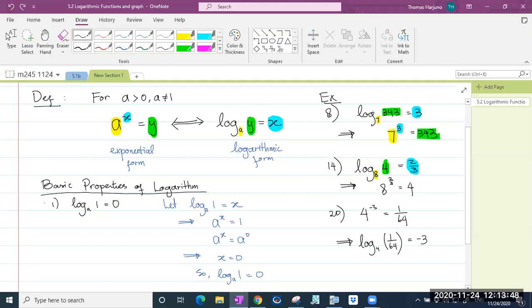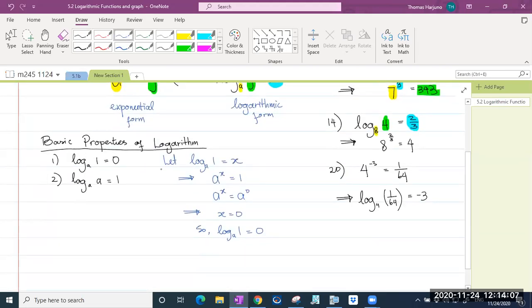Now, for the same reason, you will see log base a of a equals 1. Why? Well, because we let log base a of a equal x for now.